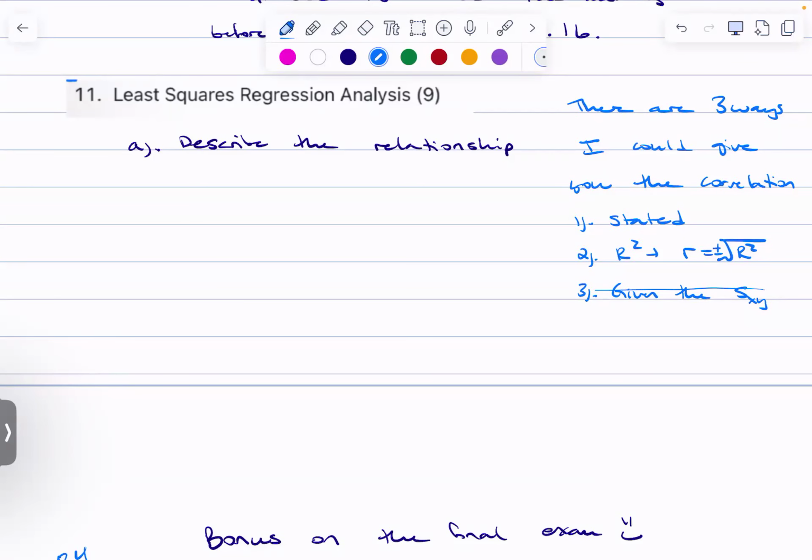Now, if I'm giving you the R squared, I would have to do that quite early on, right? So let's assume that I've stated it, then find the slope. Slope is on your formula sheet, right? So you have to calculate the slope, then interpret the slope.